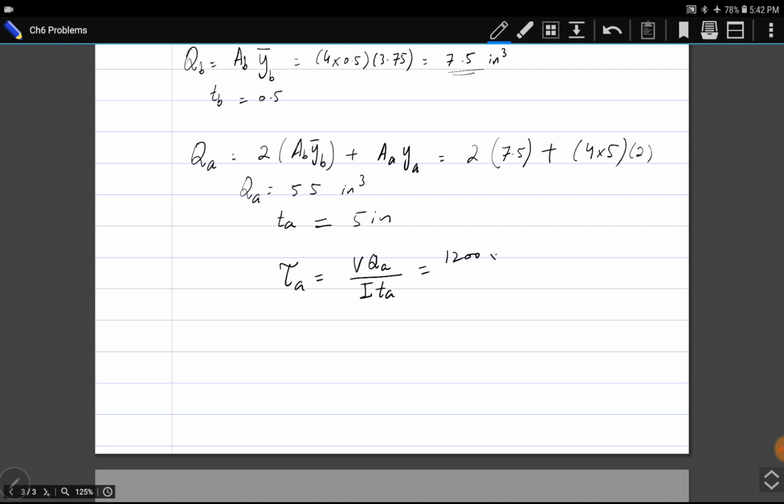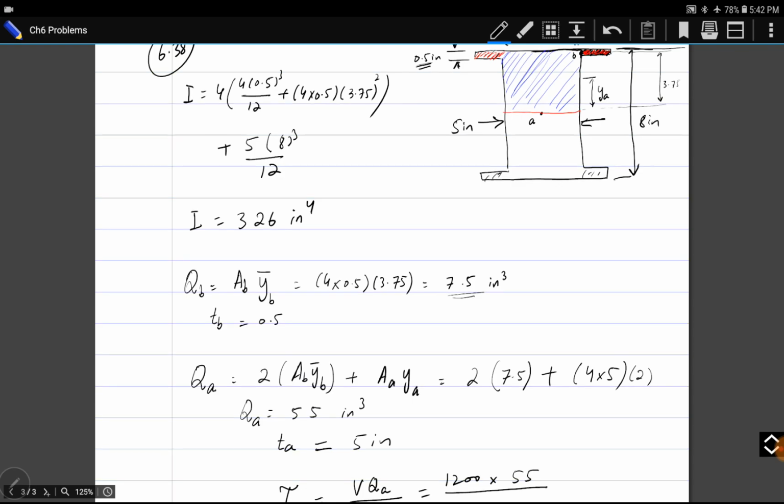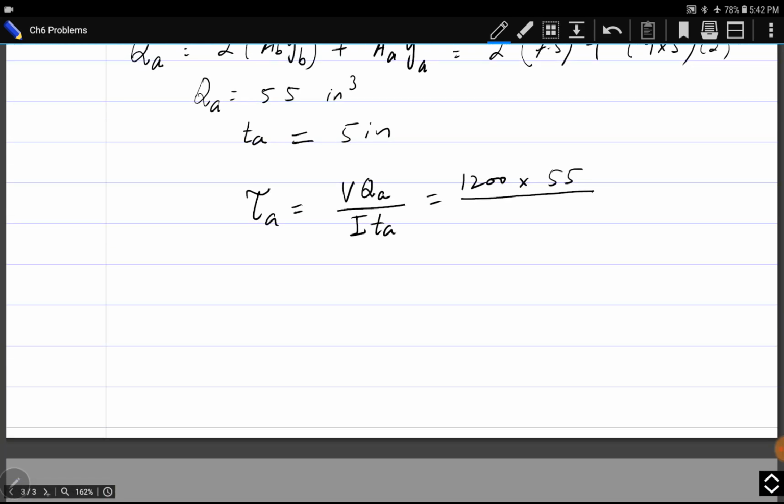QA is 55 cubic inch. I is the moment of inertia of the whole cross section, 326 inch to the power 4. And TA is 5.